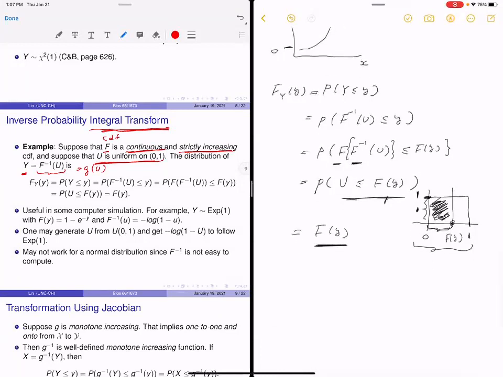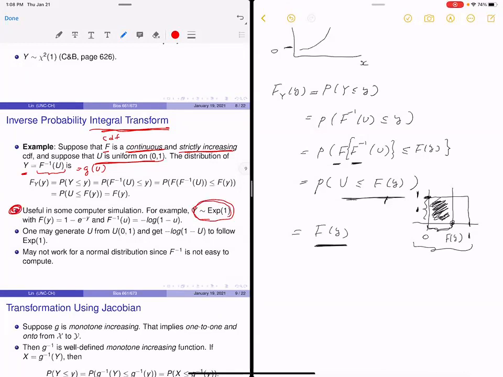So this is usually used back in the days when we didn't have that much computing power, but you still wanted to generate some random variable following some distribution. For example, say your target distribution is exponential 1.